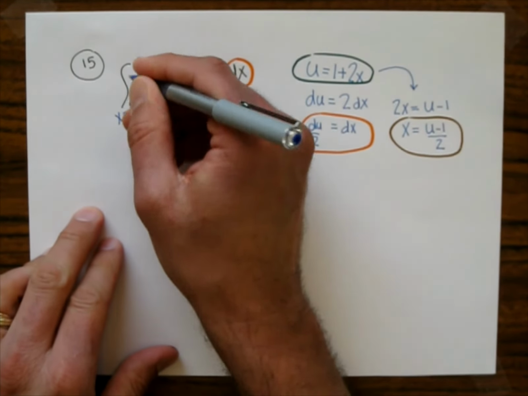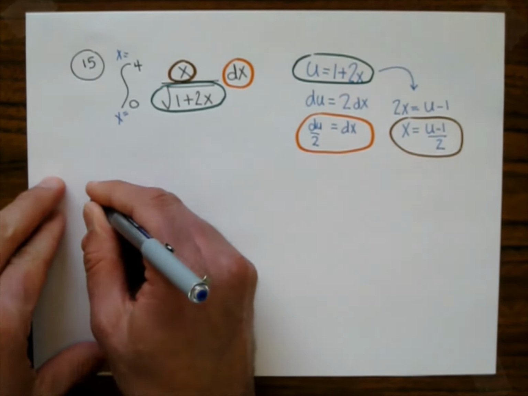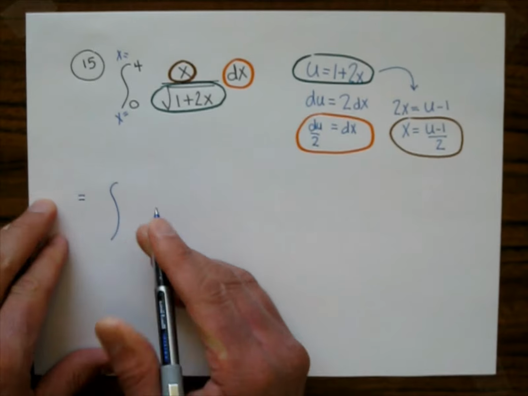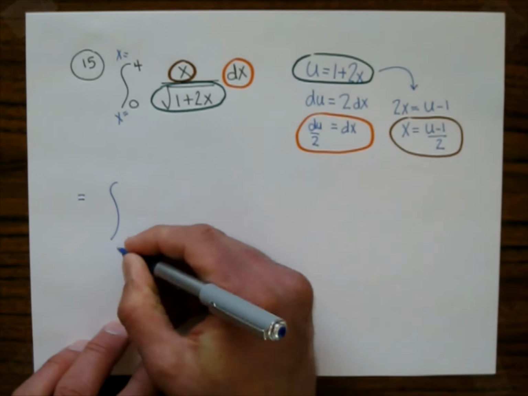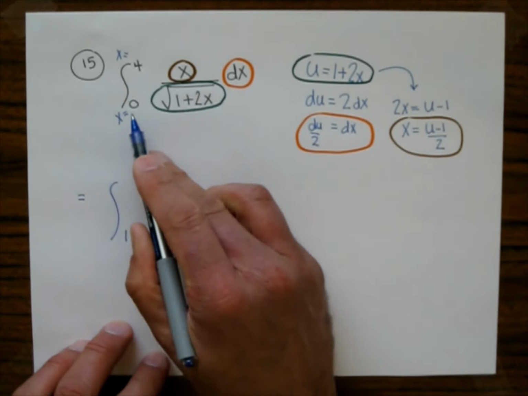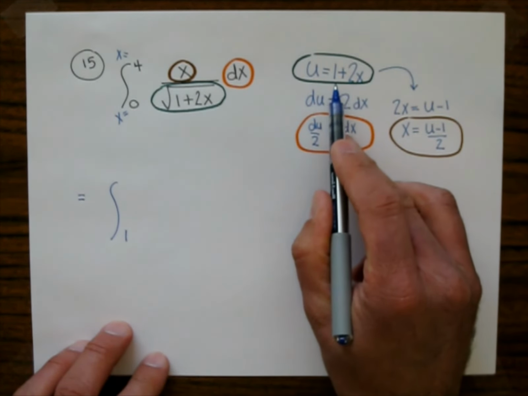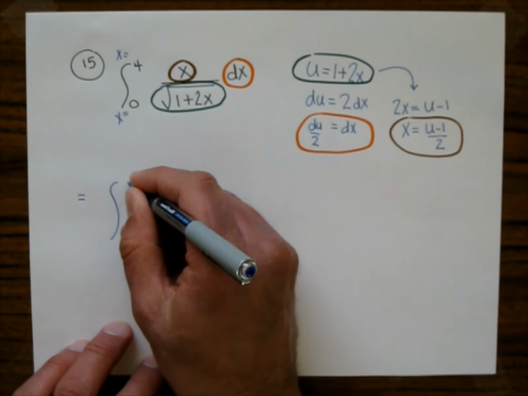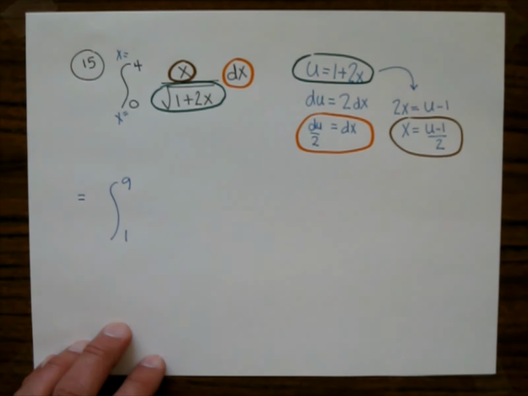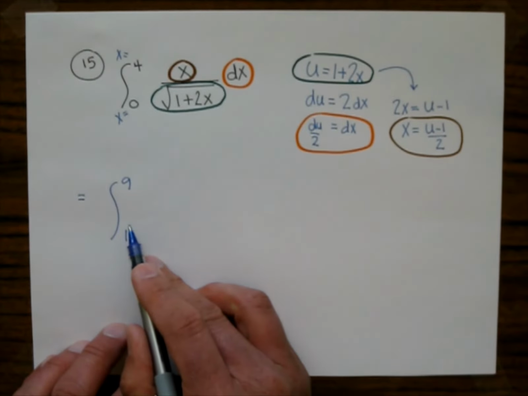This is x equals 0, x equals 4. I'm going to go ahead and see what happens. When x is 0, u is 1 plus 0, so u is 1. And when x is 4, we end up getting 1 plus 8, which is 9. So now this integral is going from 1 to 9.